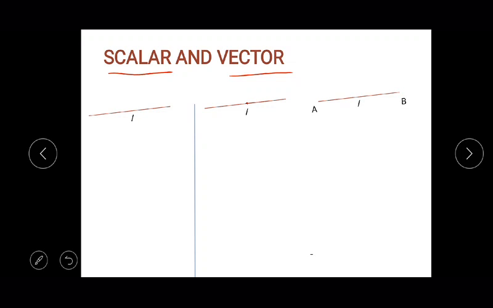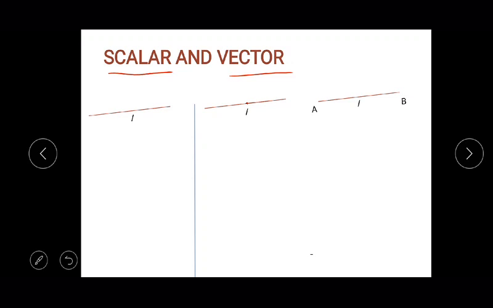Measurable quantities, like distance, displacement, speed, velocity, acceleration, gravitational force, and so on. These things we can measure, so they are considered measurable quantities.